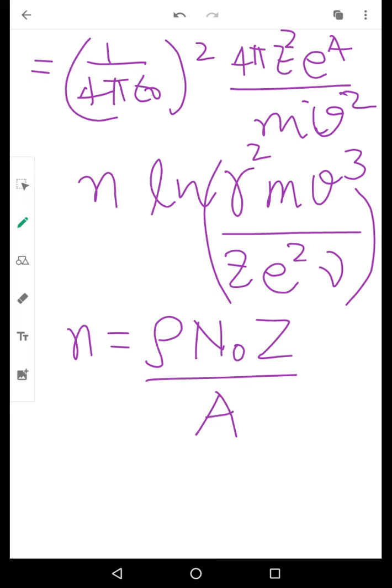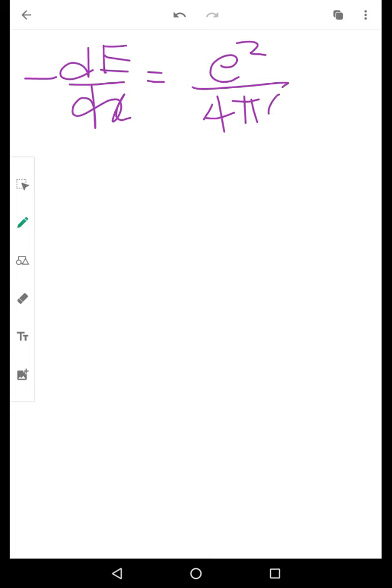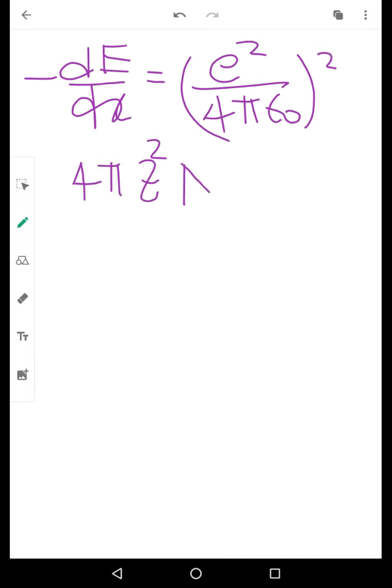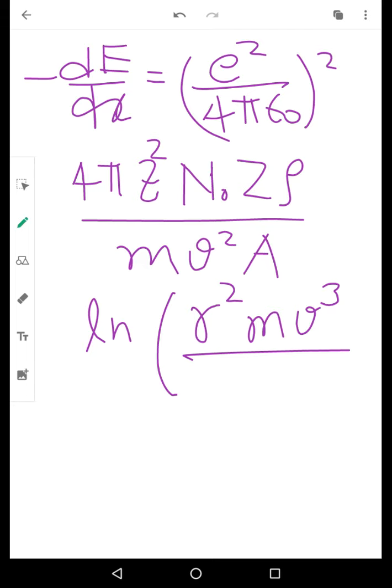So with this substitution, minus dE by dx comes out to be e square upon 4 pi epsilon 0 whole square, 4 pi z square N0 Z rho by m v square A, and log of gamma square m v cube by z e square nu.